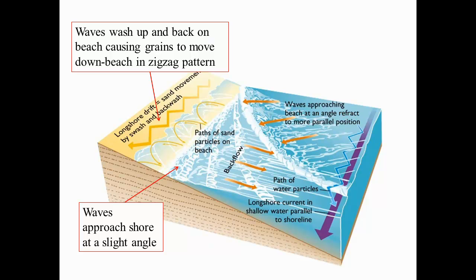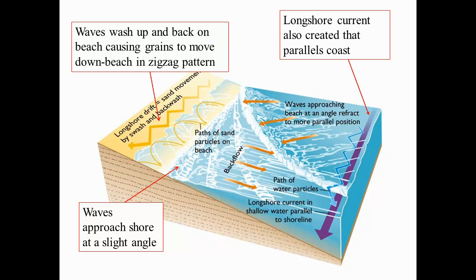This slight encroachment of the waves at an angle will also generate a longshore current offshore that parallels the coast. The net result is that we have net sand movement down beach, both onshore and a little bit offshore.